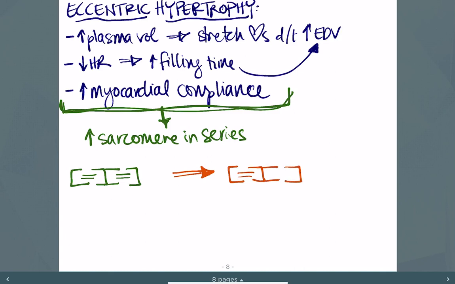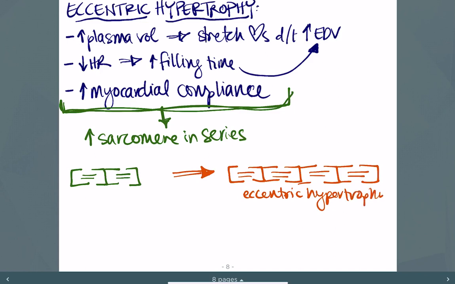So instead of having a muscle length that was only 2 sarcomeres long, maybe now it is 4 sarcomeres long. This is the way in which we develop eccentric hypertrophy. We build more proteins and we build more sarcomeres and we increase cardiac mass through lengthening.